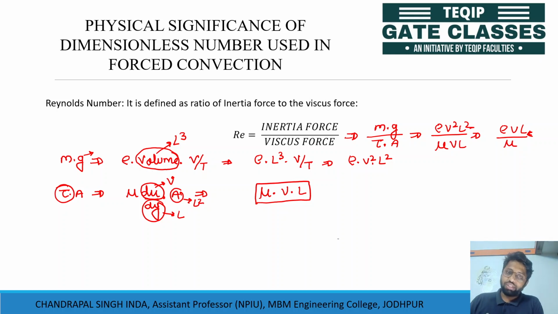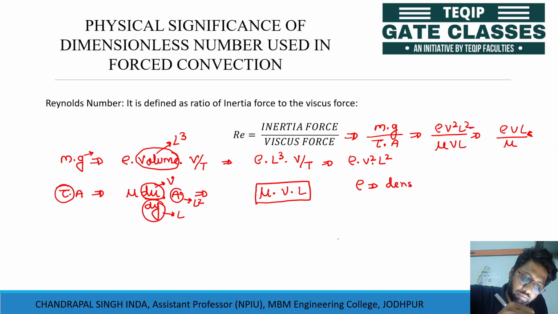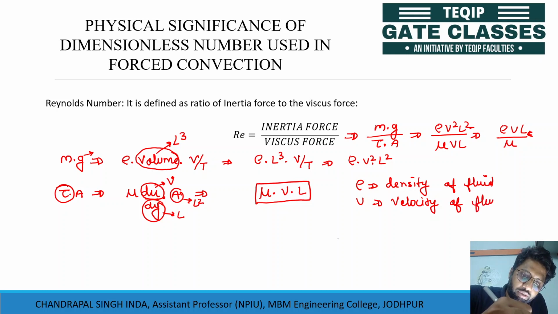Here rho is the density of the fluid, v is the free stream velocity of the fluid, and Lc is the characteristic length. And mu is the dynamic viscosity.